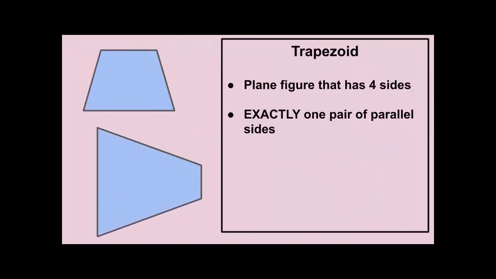First, let's talk about the trapezoid. For our purposes, this quadrilateral has exactly 1 pair of parallel lines. As you can see on the top trapezoid, the parallel lines are towards the top of the page and the bottom of the page.